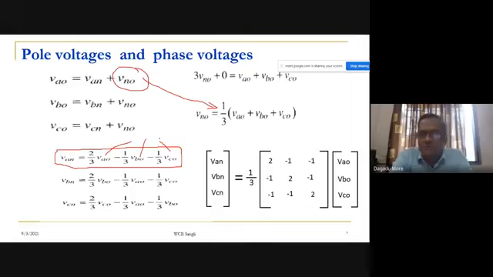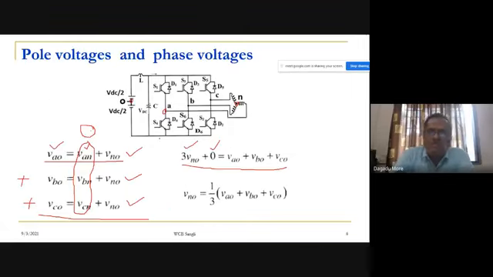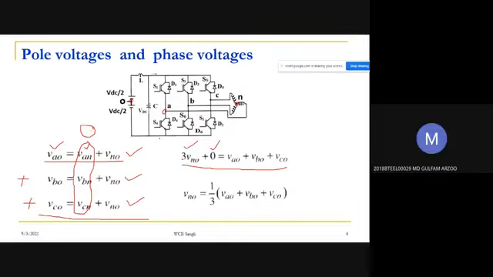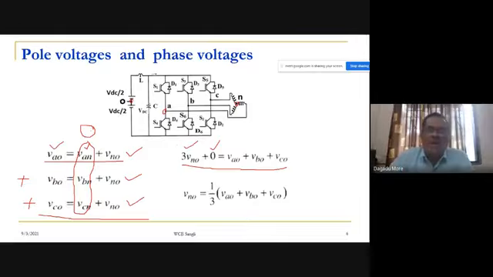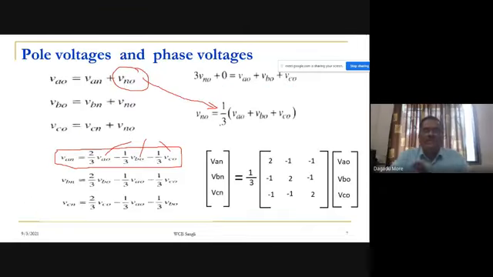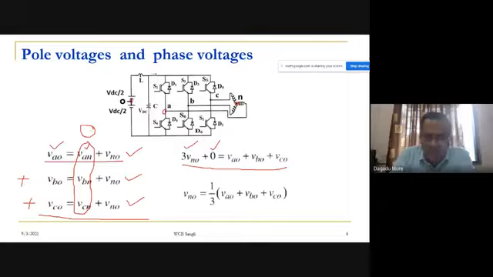At one instant, how many switches will be on in this inverter? Either the upper switch or the lower switch will be on, not both. One switch is on from one leg, one from the second leg, and one from the third leg.